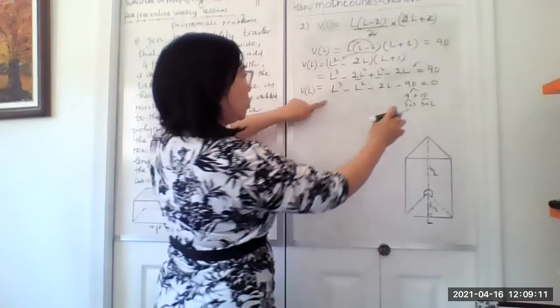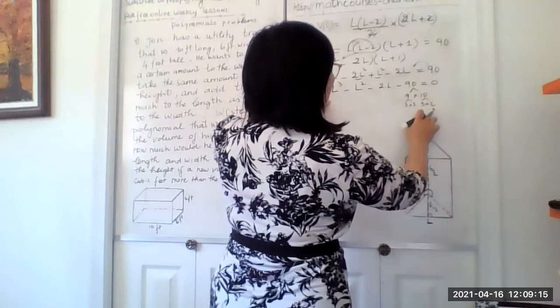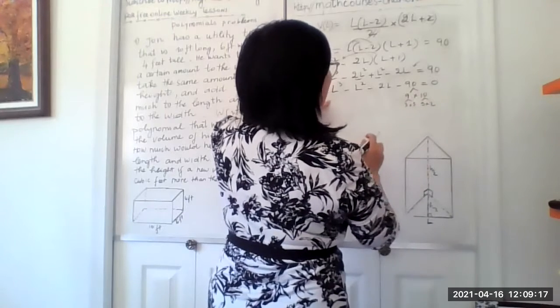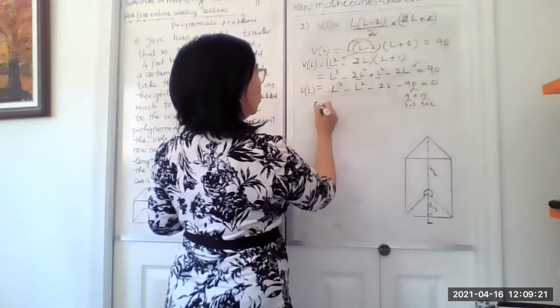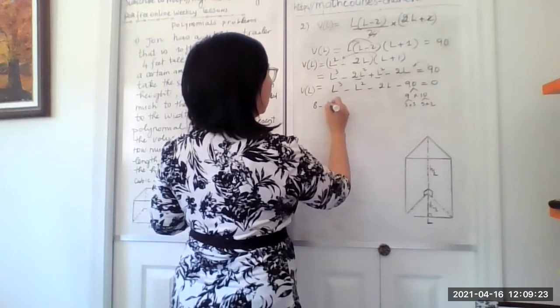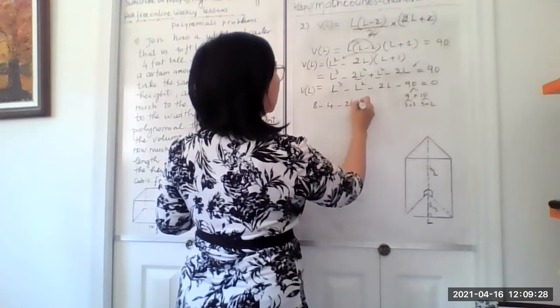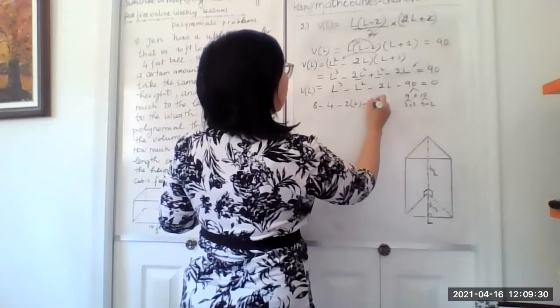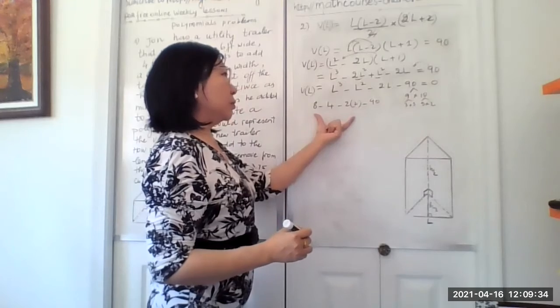Now, let's say if I choose 2 first, right? Then what do I have? 2 to the power 3 is 8, minus 2 to the power 2 is 4, minus 2 times 2 is another 4, minus 90. All of this is not going to give me a 0.